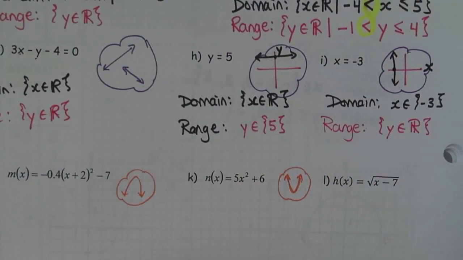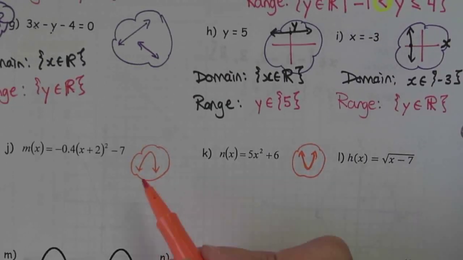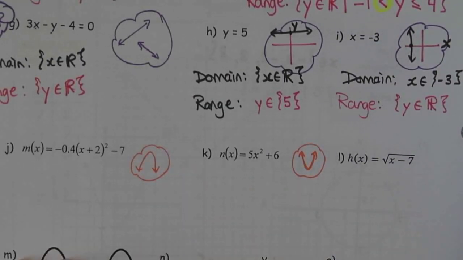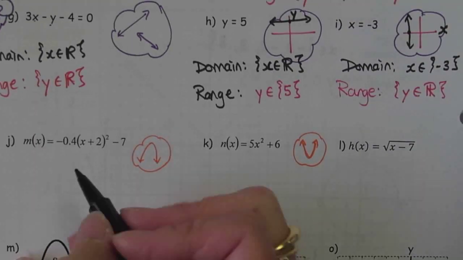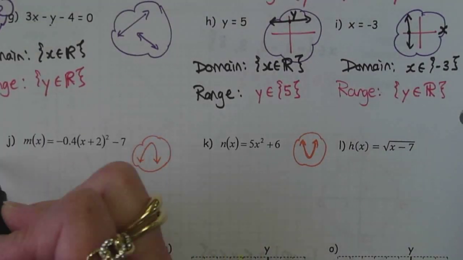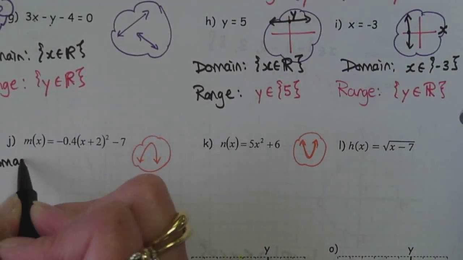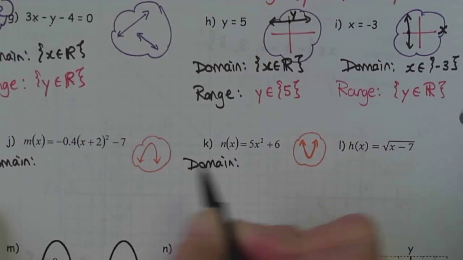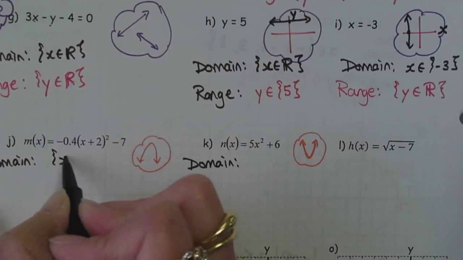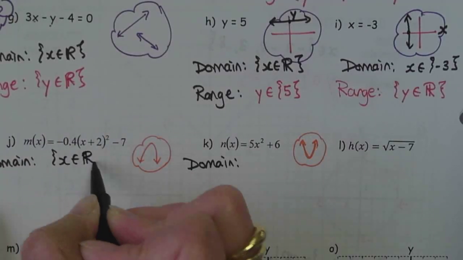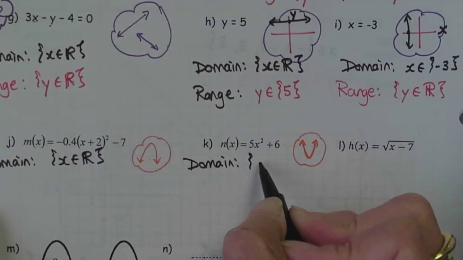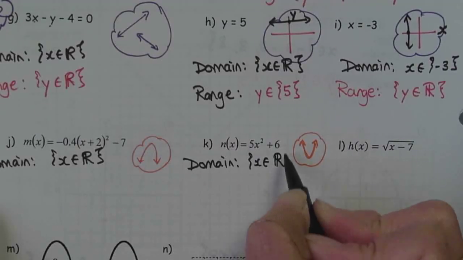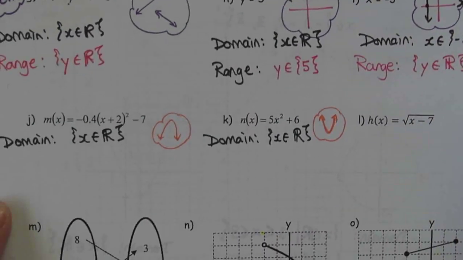So in my head, I'm thinking up and down. That's the only thing I need in my brain. Remember the bubbles here, those are my brain just thinking. It's not part of my answer, just thinking. So I know it opens down. I know that for every quadratic, the domain will be x as an element of real, because it keeps going wider and wider no matter what.